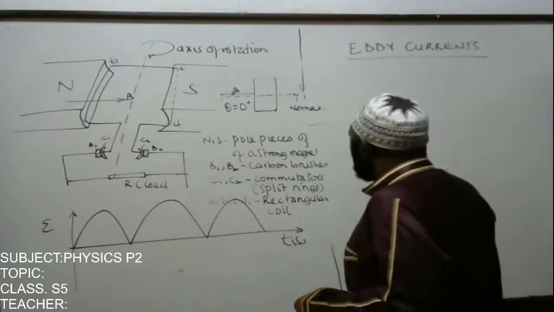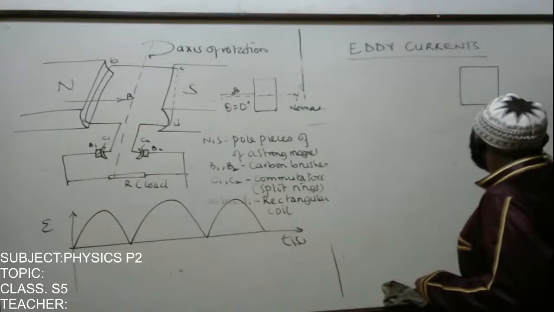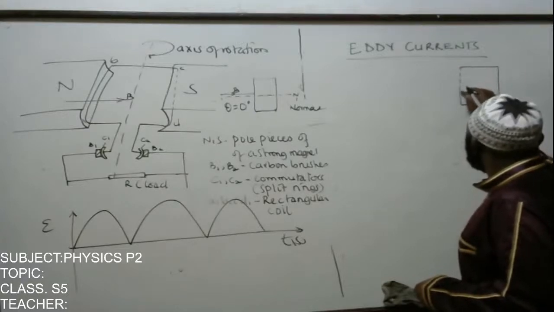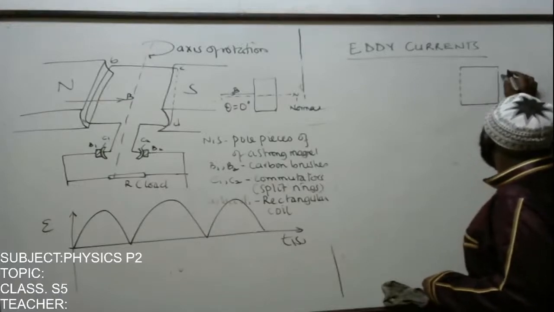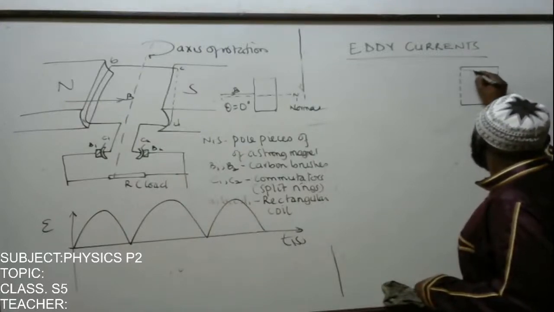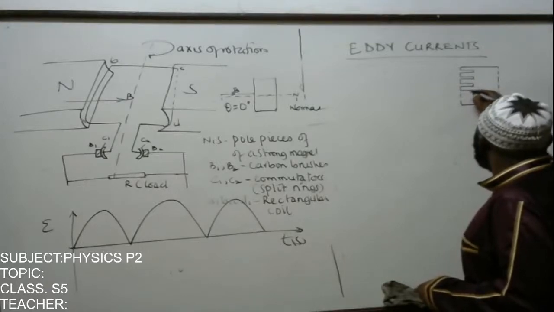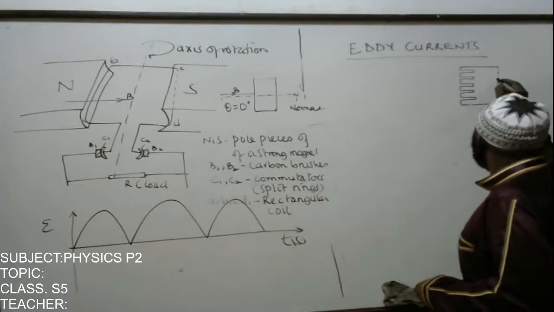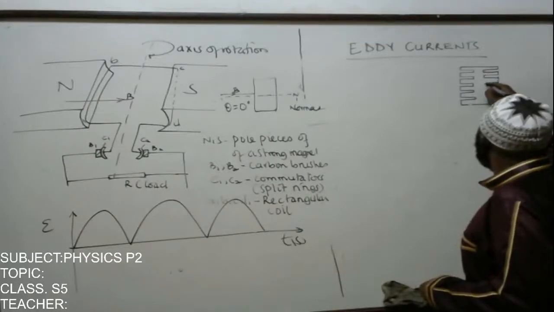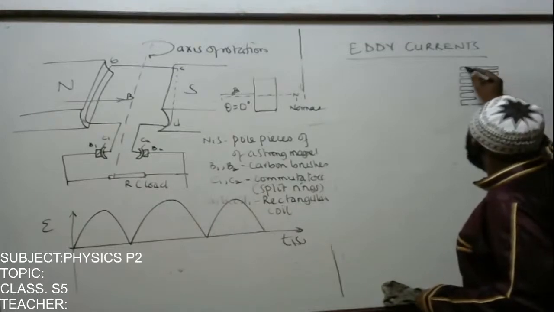So if this is our given conductor of this kind, we can decide to slot it like this. And this slotting of this nature, such that the body is reduced to this extent, such that the effective body remaining is this.